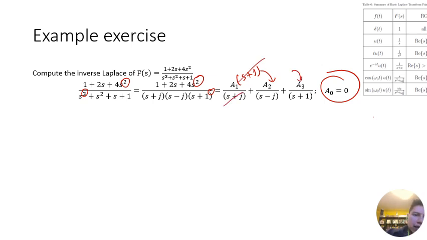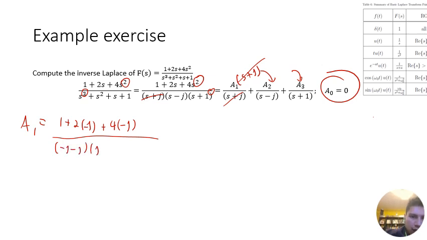And so that's just going to give us that a1 equals, so we're multiplying by s plus j and evaluating at negative j, so we have to remove this one. So we're going to have 1 plus 2 negative j plus 4 negative j squared, divided by negative j minus j, j plus 1.